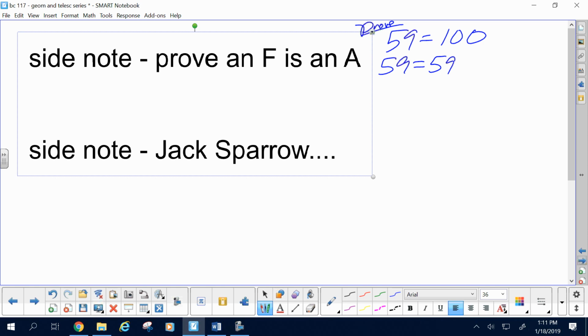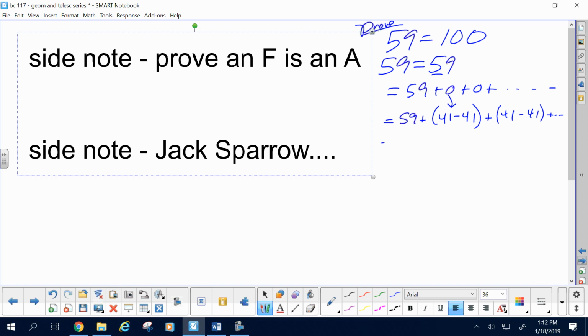Okay. Do you agree that 59 is equal to 59 plus infinitely many zeros? Okay. Do you agree that 41 minus 41 is 0? So I assume you'll agree with that every time I do that, yeah?